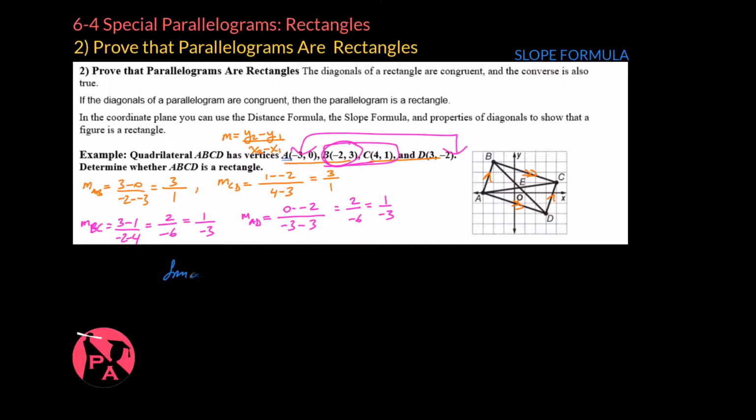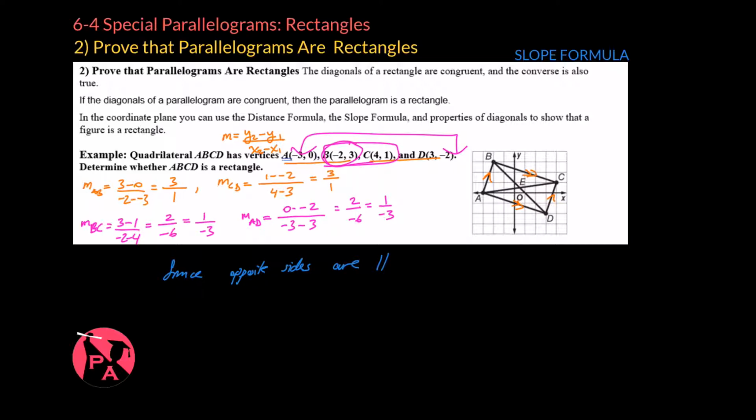Since opposite sides are parallel, we know this because their slopes are the same, like 3/1 and 3/1, these were the left and right sides, and this is the top and bottom side.